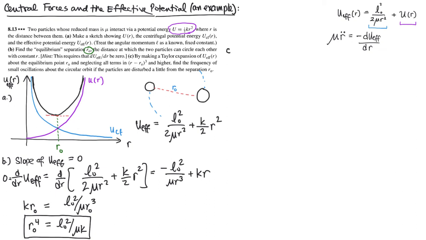So for part C, we're first going to Taylor expand U effective, and so we can write U effective as a function of r as U effective at the equilibrium plus the derivative of U effective at the equilibrium times a step away from the equilibrium plus 1/2 of the second derivative times the square of the step away, and so on.